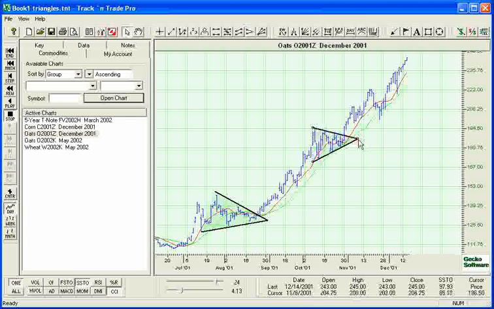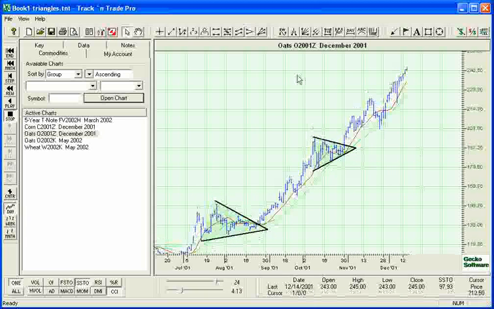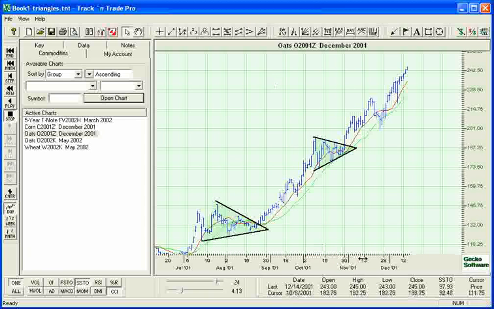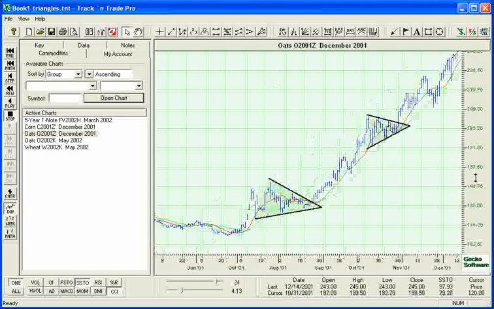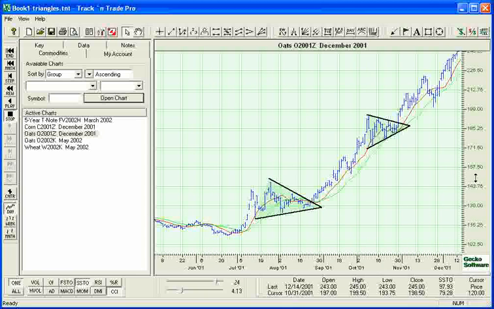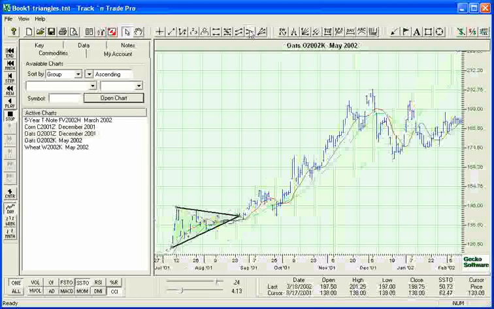Maybe a little pennant, little triangle right there. What do you think of that one? A couple little triangles in there. Let's go into a different oats contract. There's our little wedge right there.